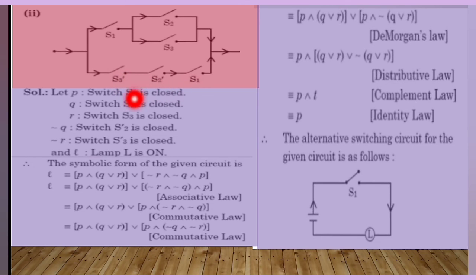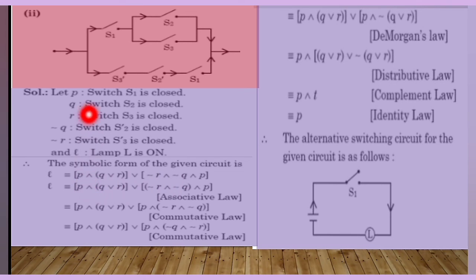Switch S1 is closed, P statement; Q, S2 is closed; R, S3 is closed; negation Q, switch S2 dash is closed; and lamp L is on. The symbolic form of the given circuit is, write the name for this symbolic form, L.